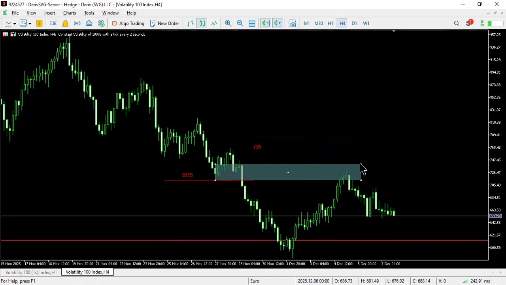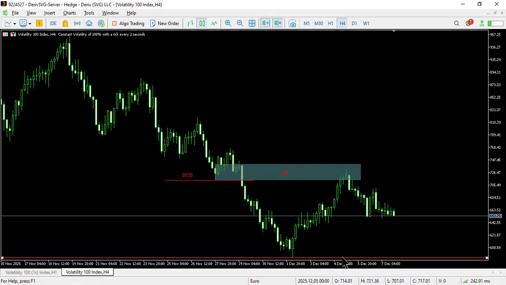I said price was going to mitigate this order block, and it indeed mitigated the order block, and we are getting a push to the downside, and we are going to place our take profit at this low. Let's see if we can still catch some pips before the move is done.